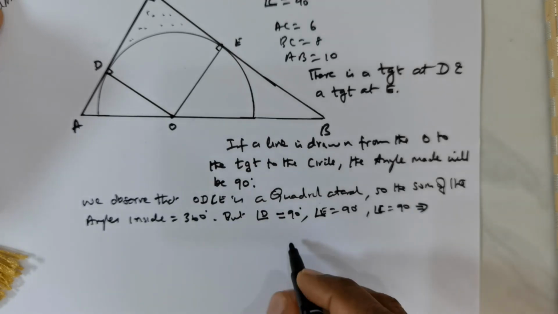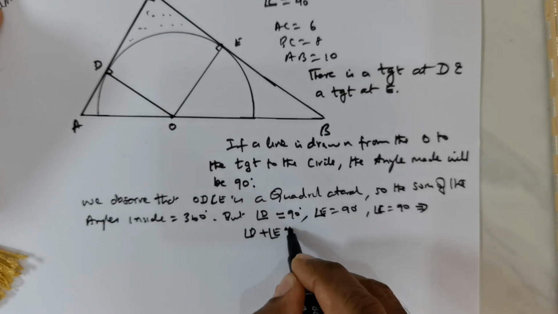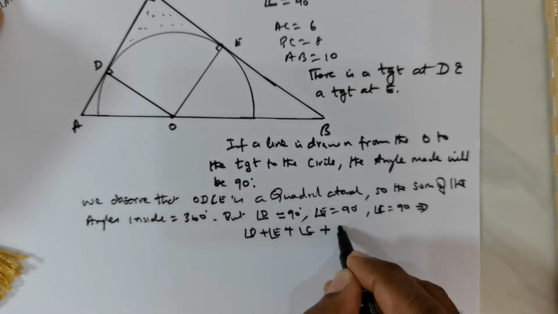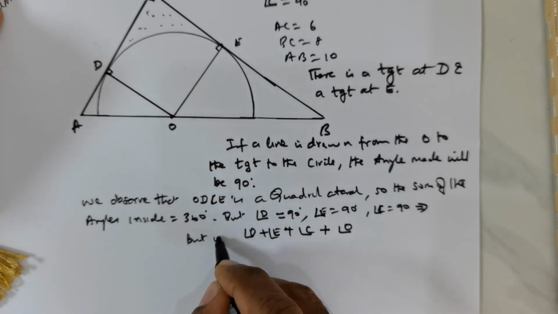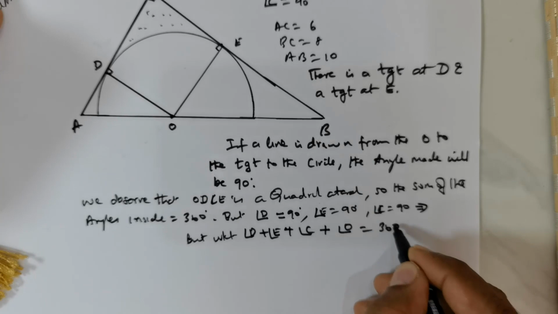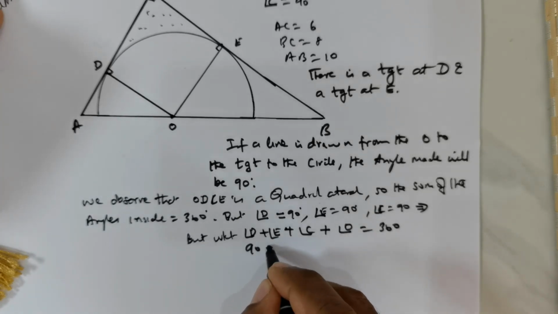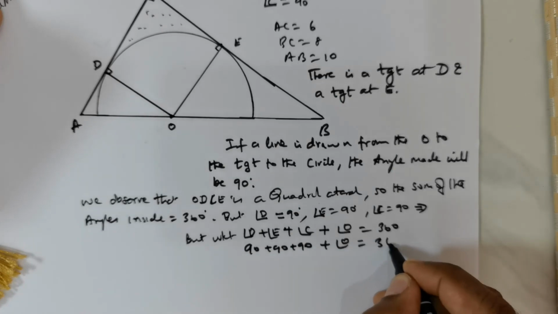So this means angle D plus angle E plus angle C plus angle at O, but we know that all of these angles should be equal to 360.